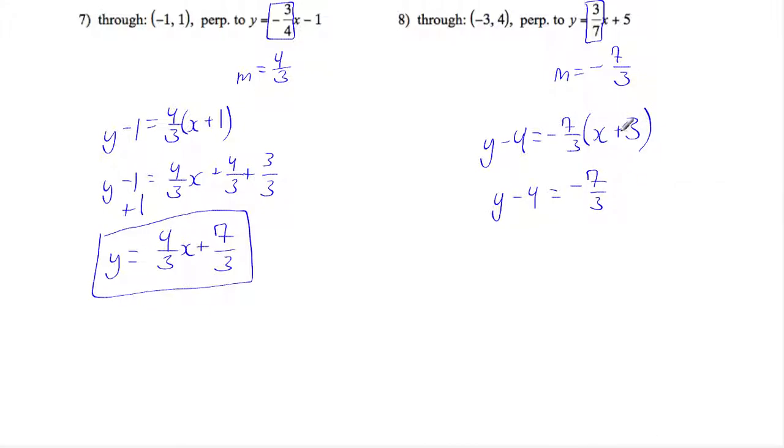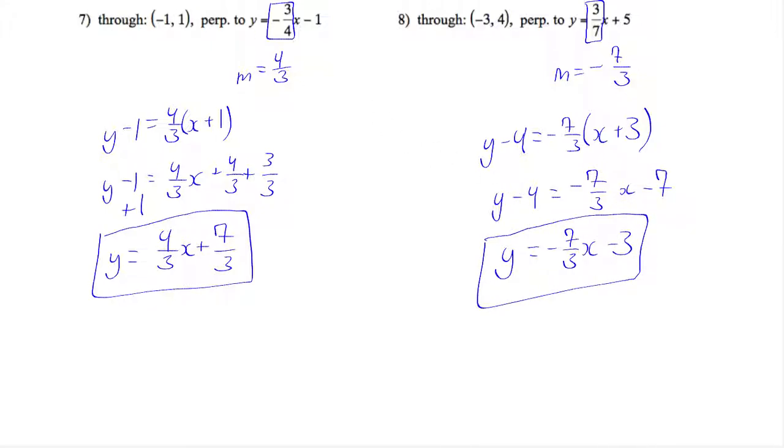Here, negative times a positive is going to be a negative. Oh, forgot my x. It's going to be a negative. And then the 3's and the denominators cancel out. So I get this minus 7. If I add the 4 to both sides, I'm going to get y is equal to negative 7/3 x plus 4 will give me a negative 3.